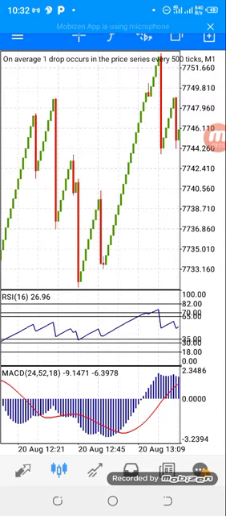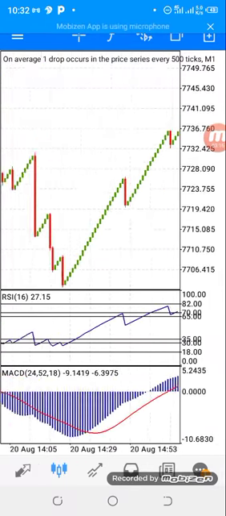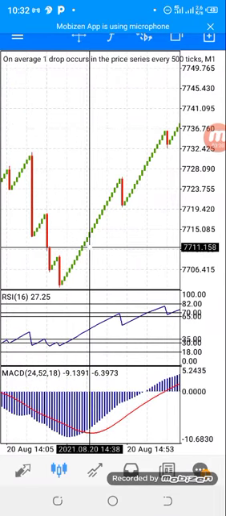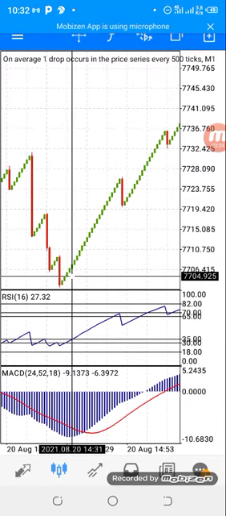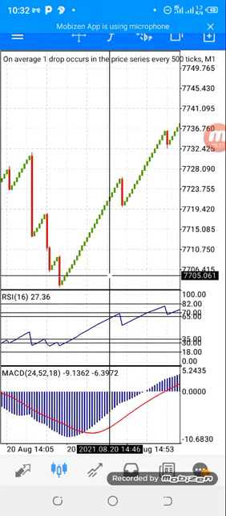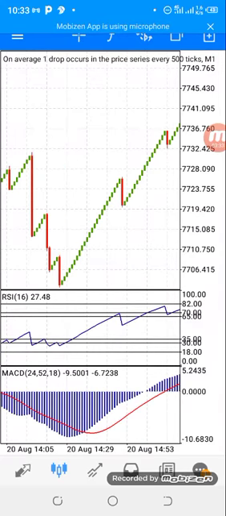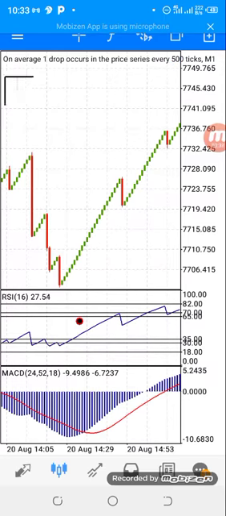Now take for instance, here we have our MACD bar below zero level, and it touches 65 at this level.